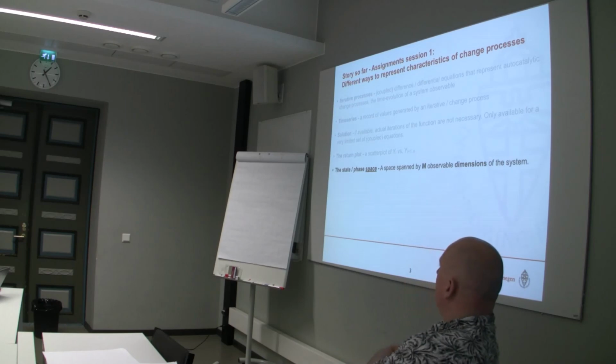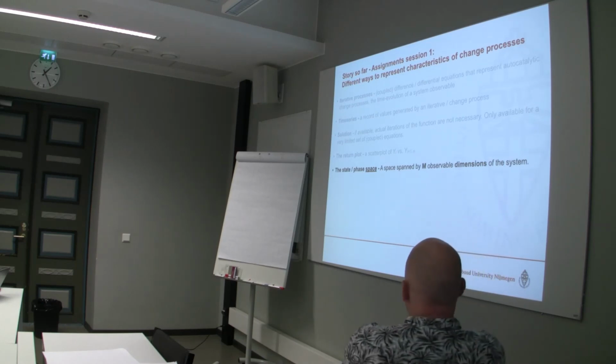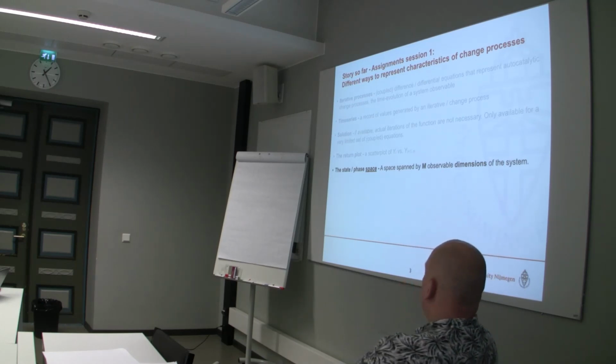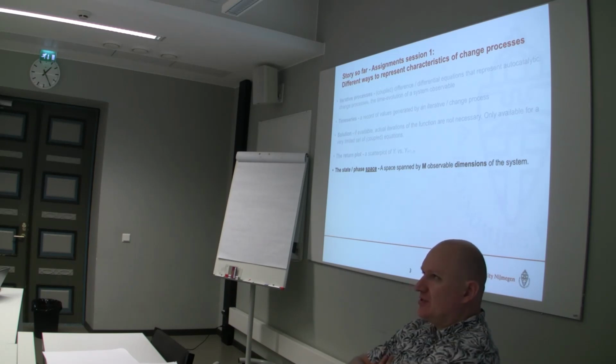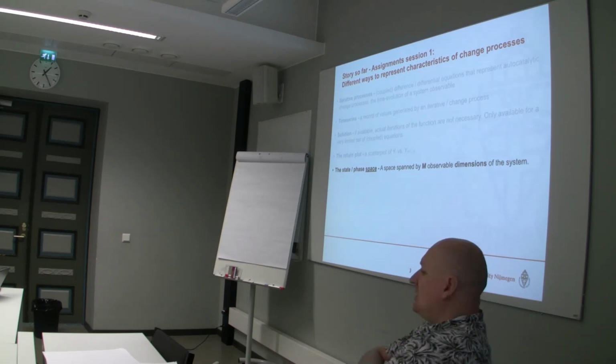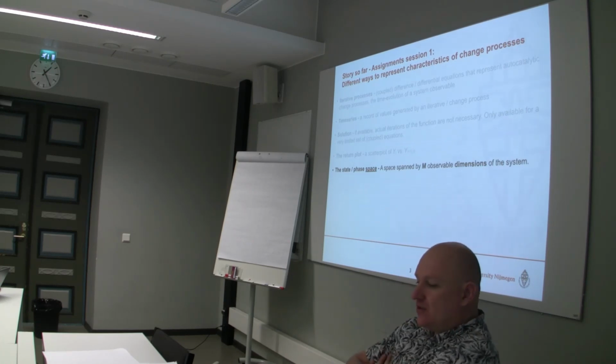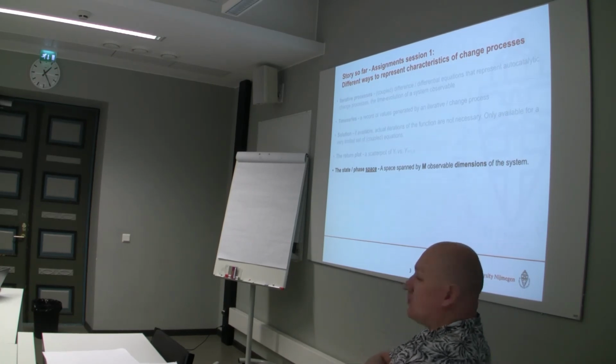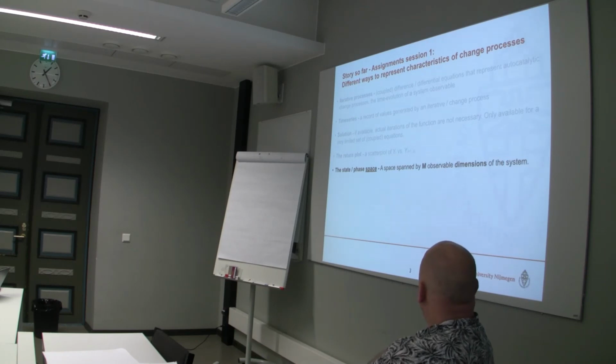One way to think of this return plot, but it's not really accurate, is as a very crude representation of the state space of the system. It's looking at the current state relative to the previous state. An actual state space or phase space would be a representation of all the dimensions of the system, and each coordinate in the space would be a state the system can occupy.